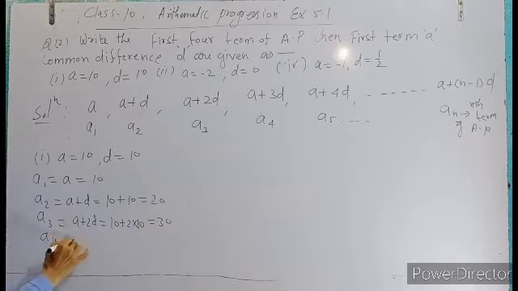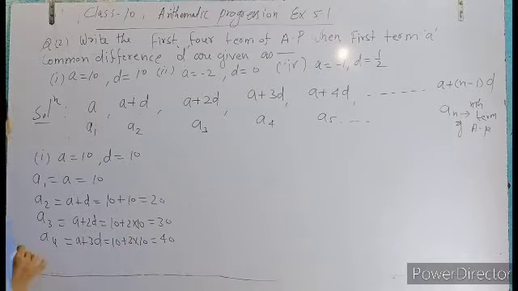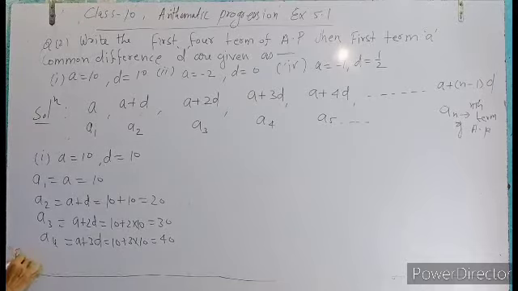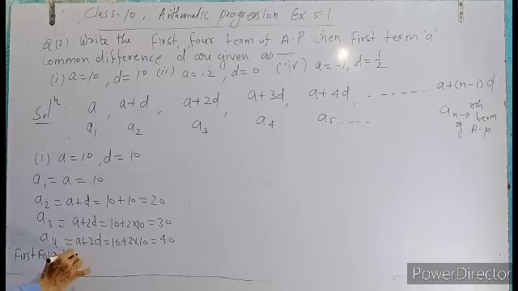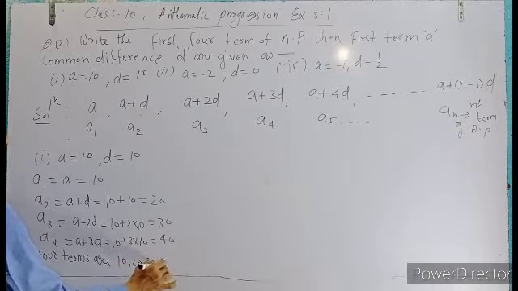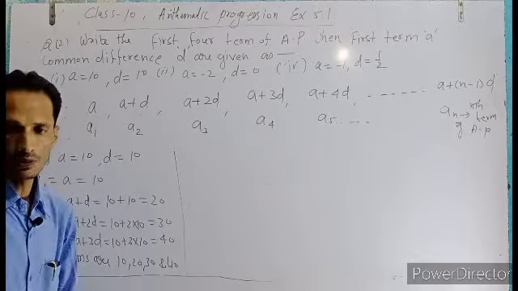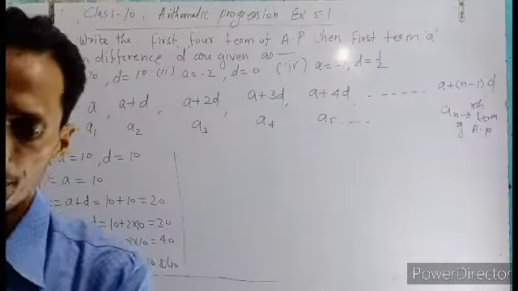Similarly, A4 you can get as A plus 3D, 10 plus 3 into 10, that is equal to 40. So the first four terms are 10, 20, 30 and 40. That is the first part. Similarly, you can do the second part also.